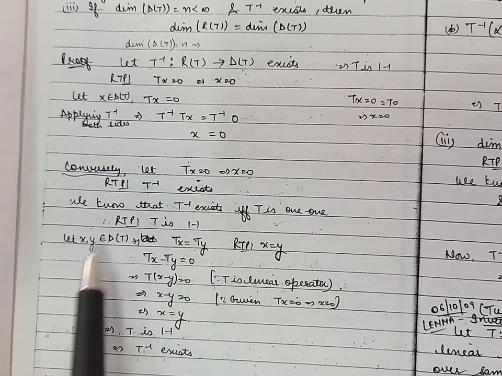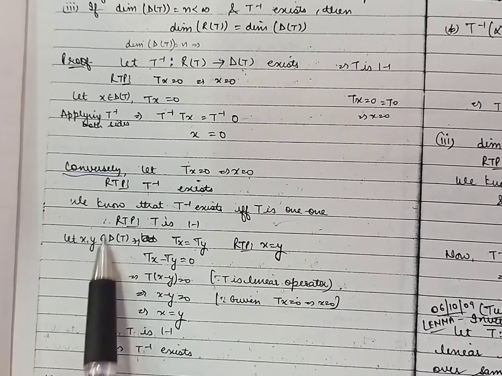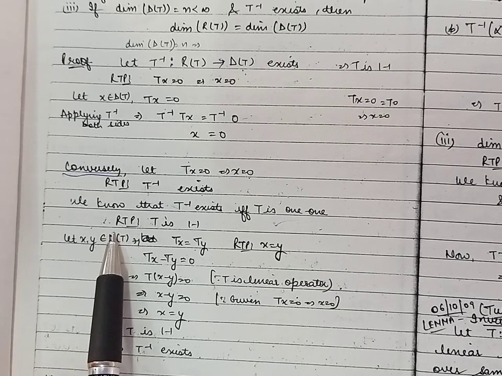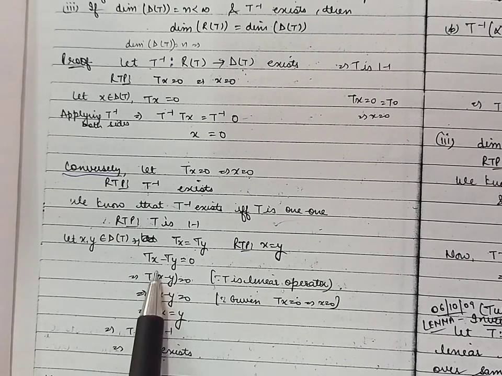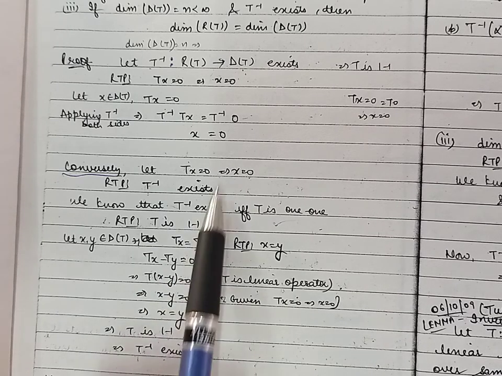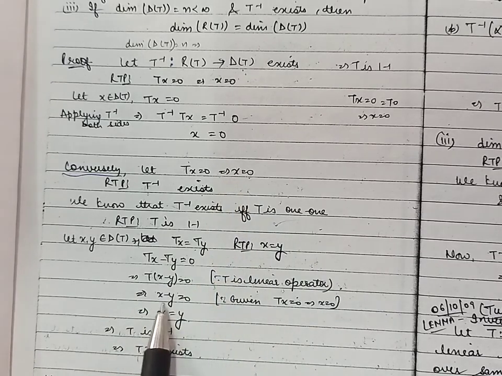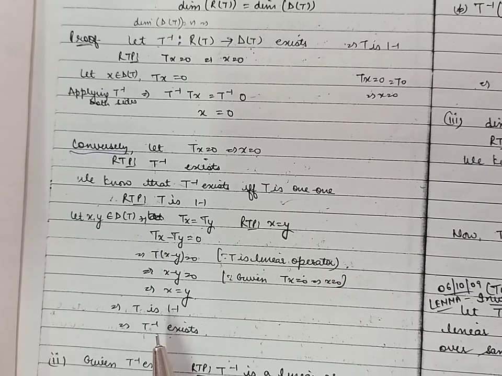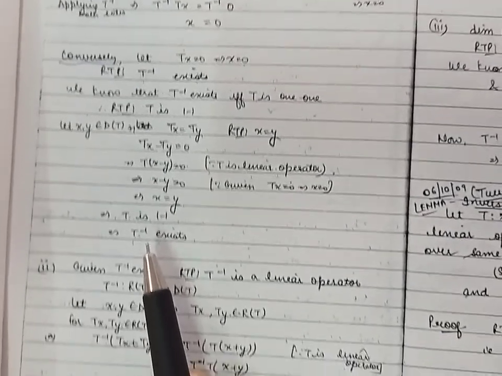Now here, because x and y belong to domain of T, and domain of T is a vector space that is closed under vector addition, so we can say that x minus y is an element of domain of T, and therefore if its image under T is 0, then by using this condition the element x minus y is also 0. So we get x is equal to y. So this proves that T is 1-1 and therefore T inverse exists.